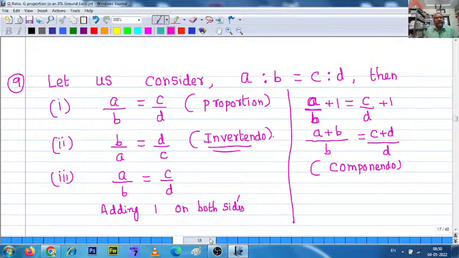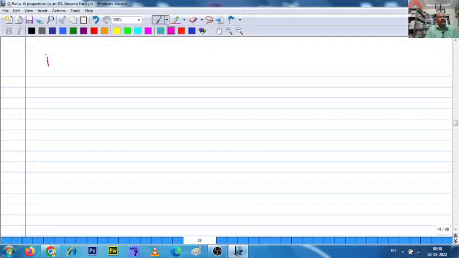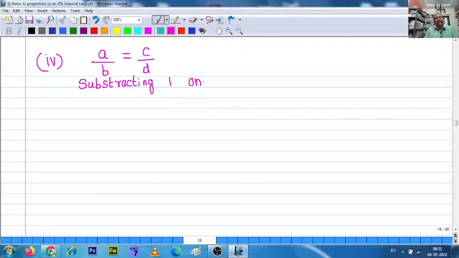Next, one more interesting discussion. Since we have A by B equals to C by D, now subtracting 1 on both sides.